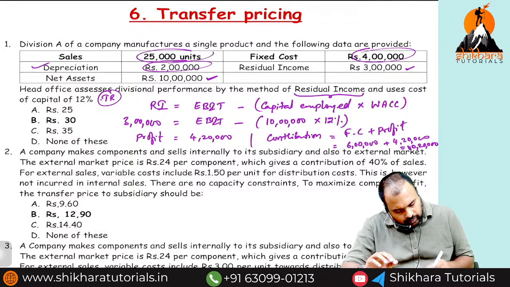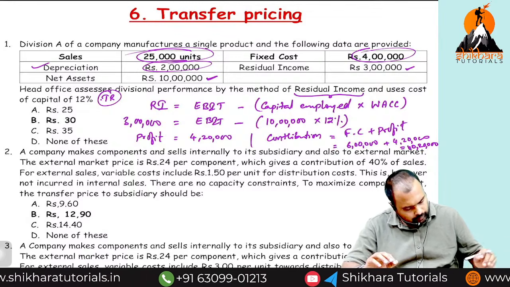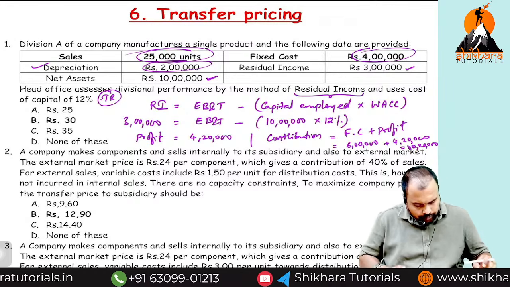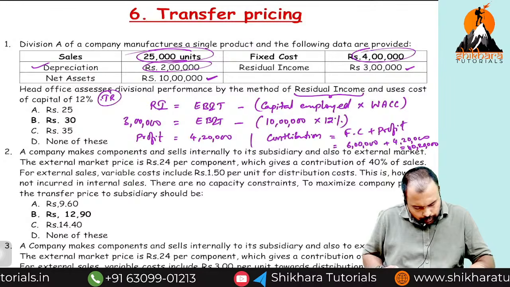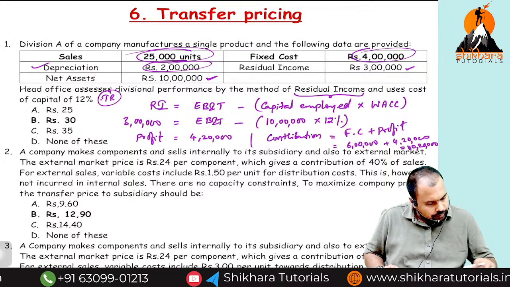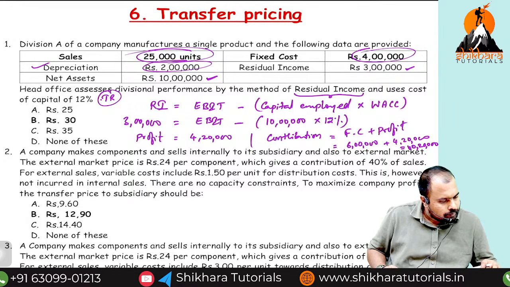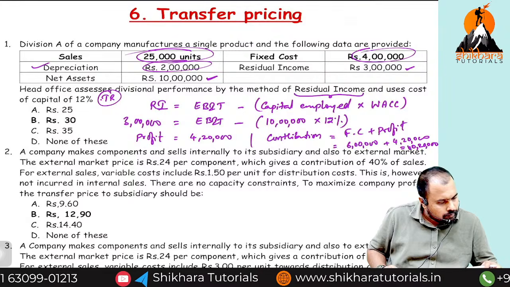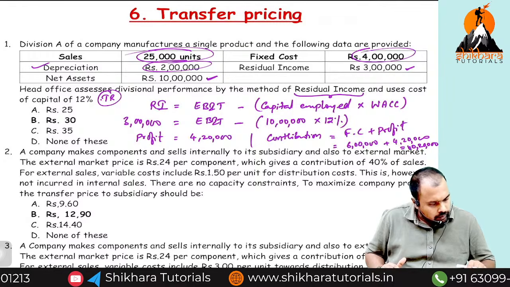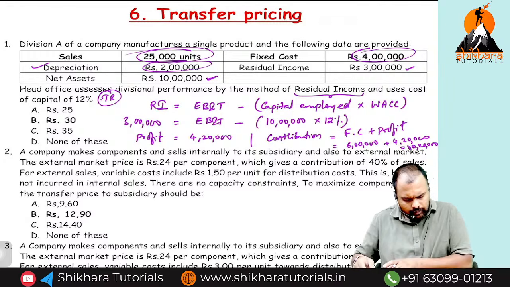How many units, sir? 25,000 units. So it has to be 10,20,000 divided by 25,000 units. It's 40.8.